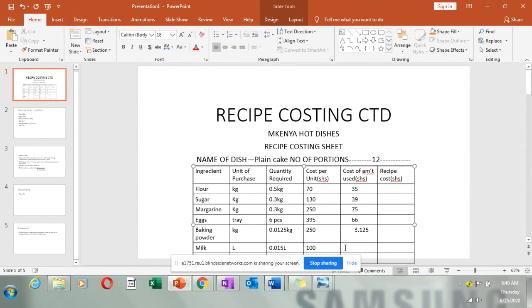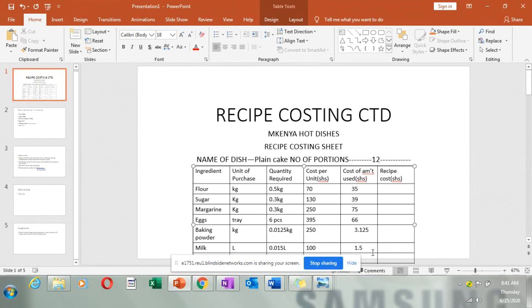Sorry about that. If it is 0.015 liters, this is L, not 1, so it will be 1.5 shillings.